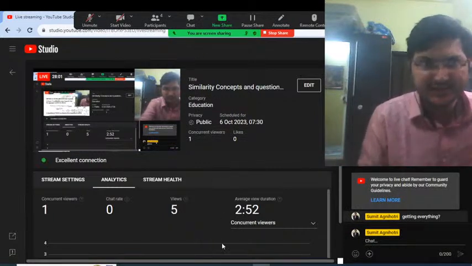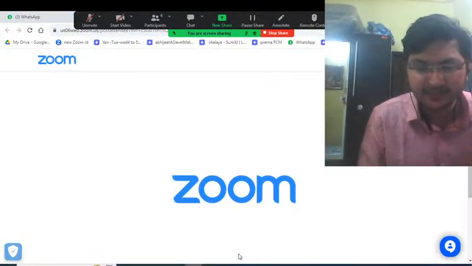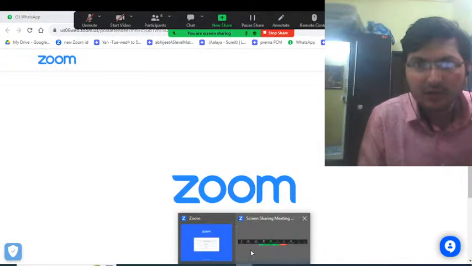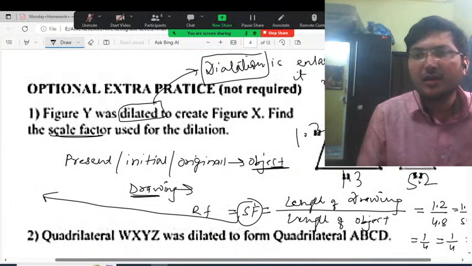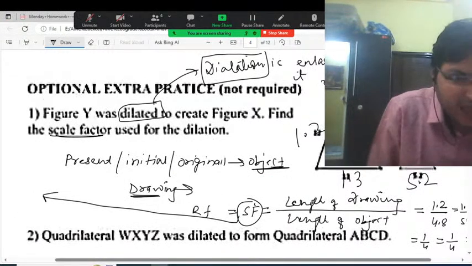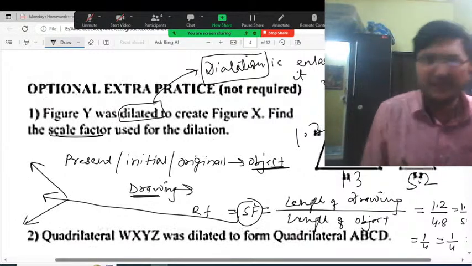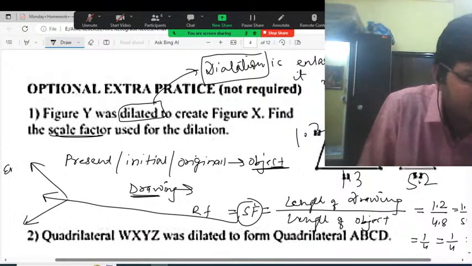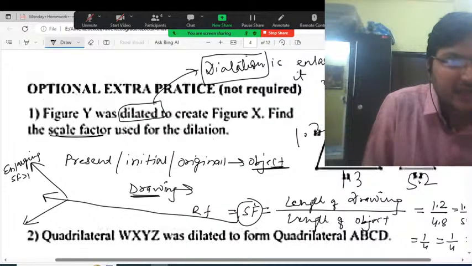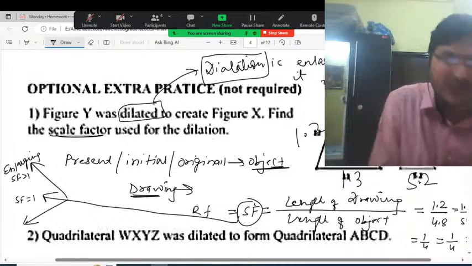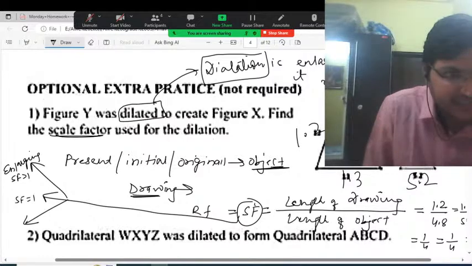Okay, very good. Let's try to understand this then. Actually, in dilation we consider an enlarging scale factor, where the scale factor is greater than 1. Sometimes if the scale factor is exactly 1, you call it an equal size scale, and if the scale factor is less than 1, you call it a reducing scale.